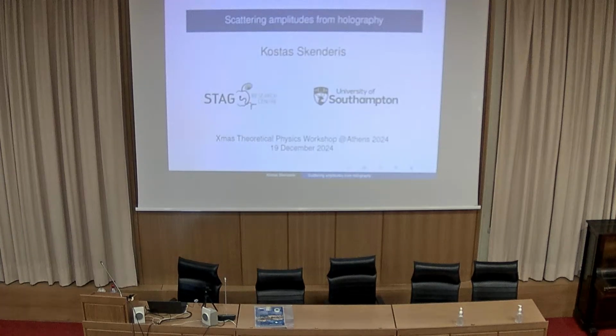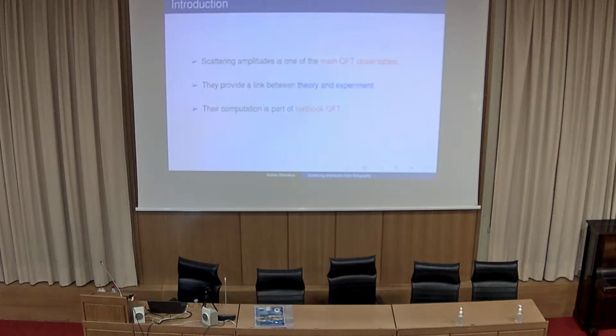Okay, so what I will discuss, actually a very nice introduction to the talk, was the last talk from yesterday. So let me give you first the very quick motivation. We all know that scattering amplitudes is one of the main quantum field theory observables. They provide the link between theory and experiment.